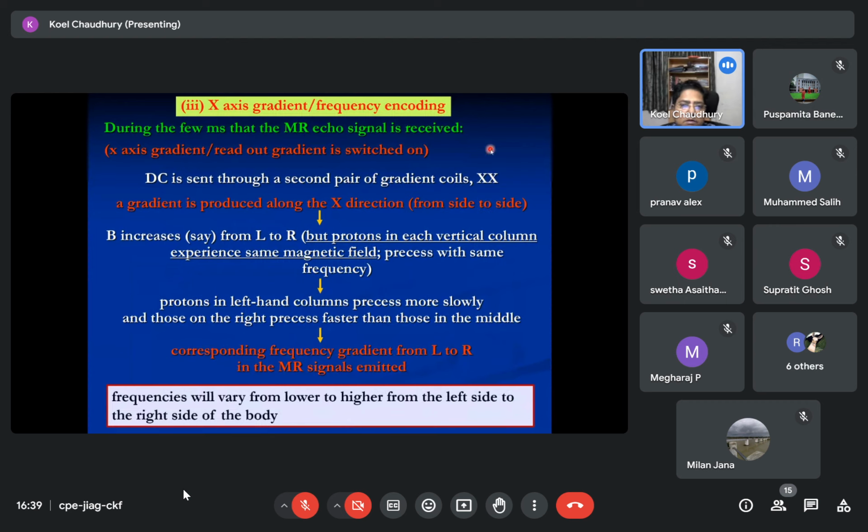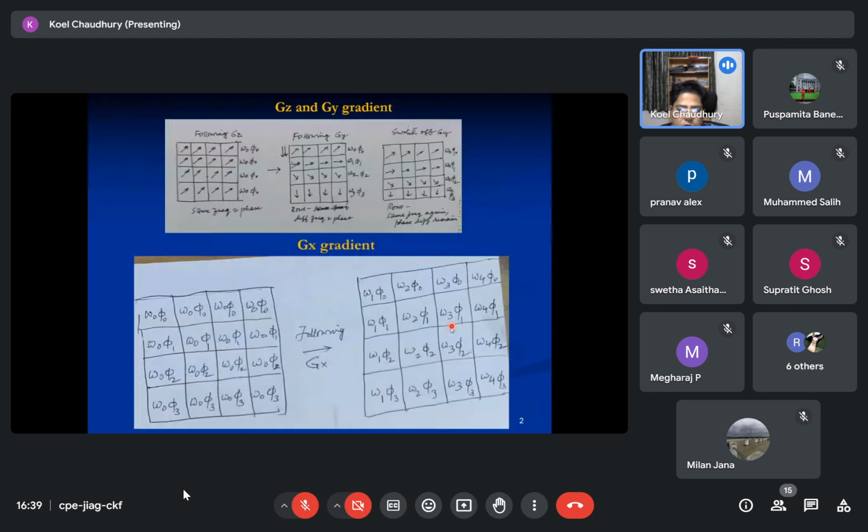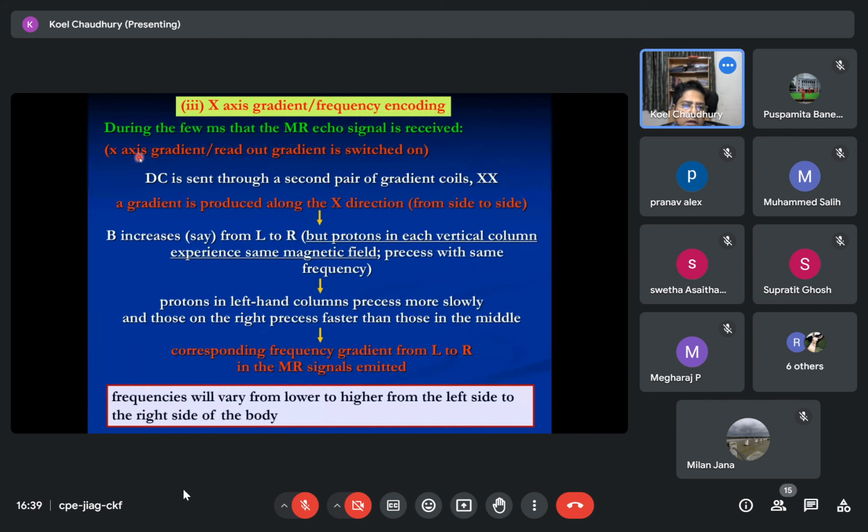You read this, you'll understand. X gradient is called frequency encoding. Why so? Because only the frequency part changes, phase does not change. It's also called a readout gradient. Why readout gradient? Because it is sent when you are receiving the MR signal. Let us say B increases from left to right, exactly what we presume.